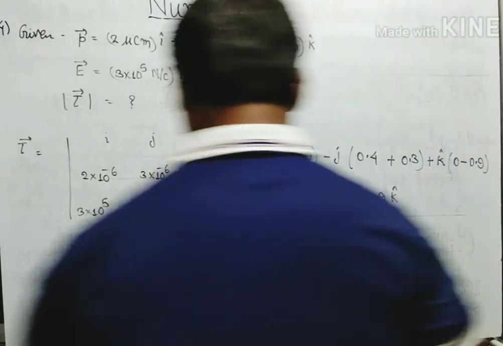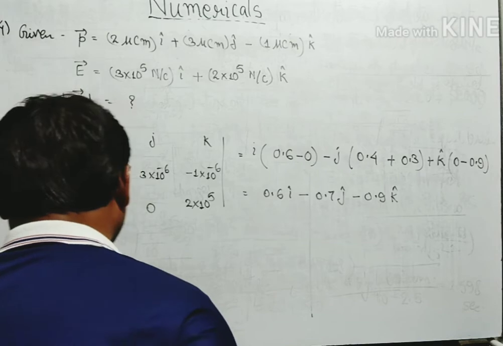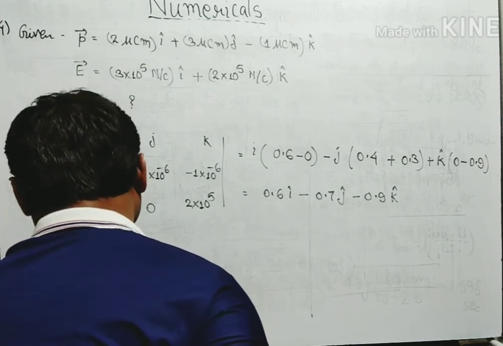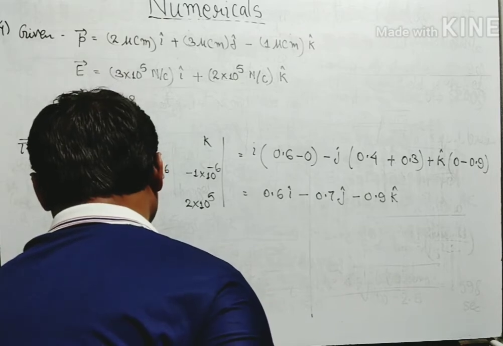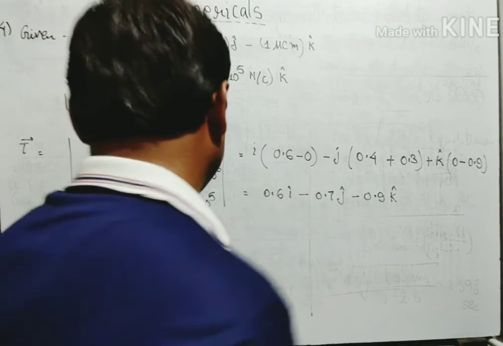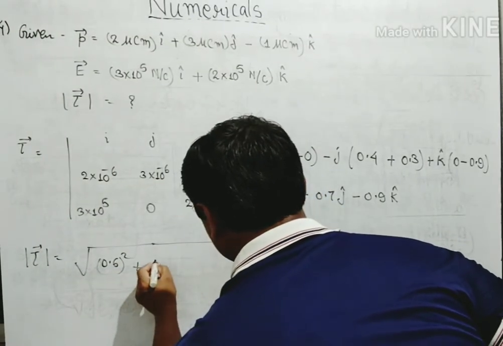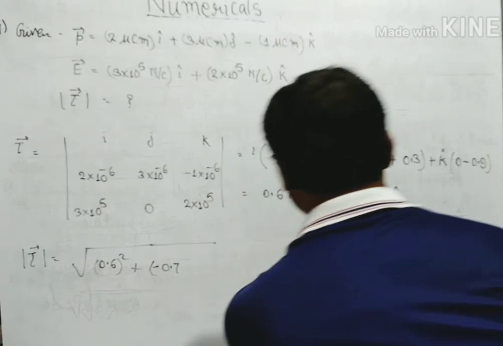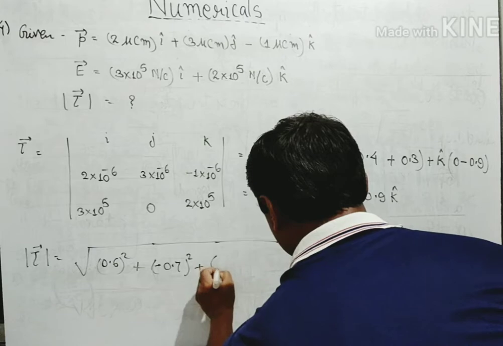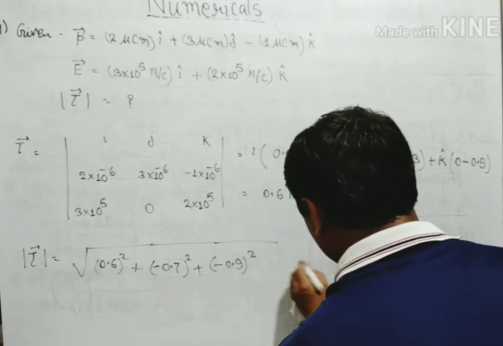Now to have the magnitude of it, mod of vector tau equals under root 0.6 square plus minus 0.7 square plus minus 0.9 square.